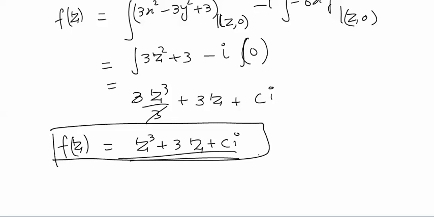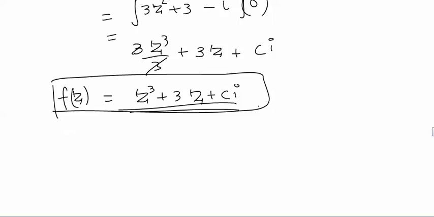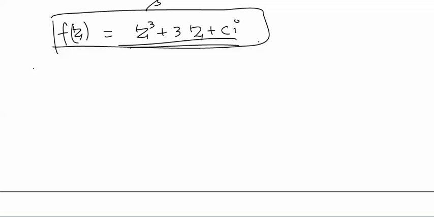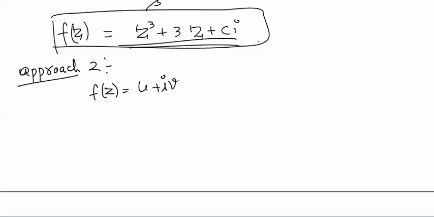Now let us do the same analysis with approach 2. What is approach 2? I said direct shortcut. What was the shortcut? We said that f(z) is equal to u plus iota v, where u is given to you as x cube minus 3xy square plus 3x plus 1.